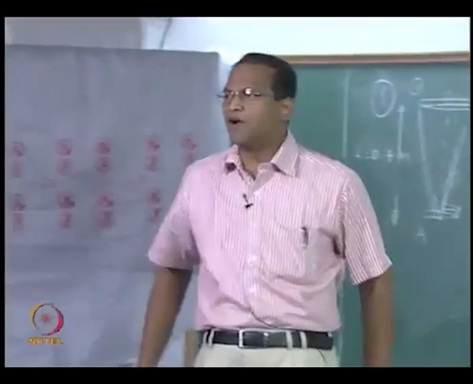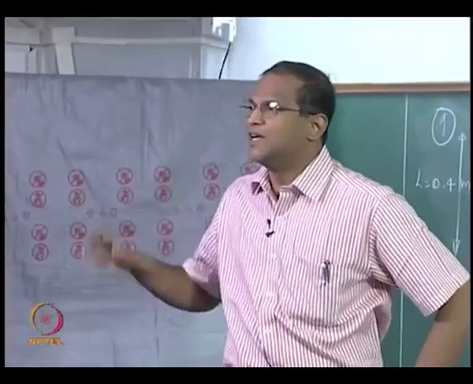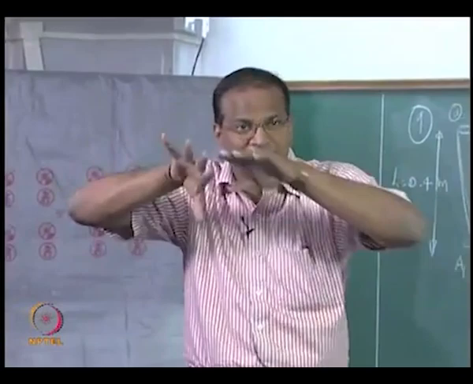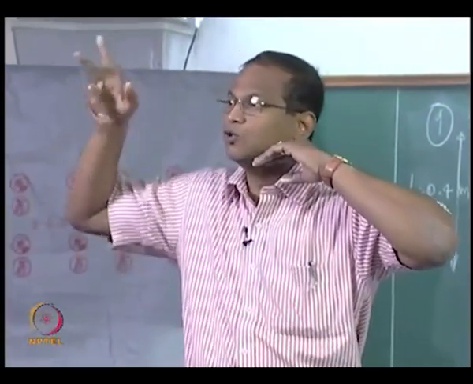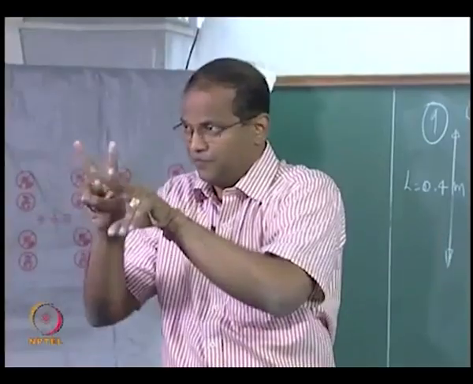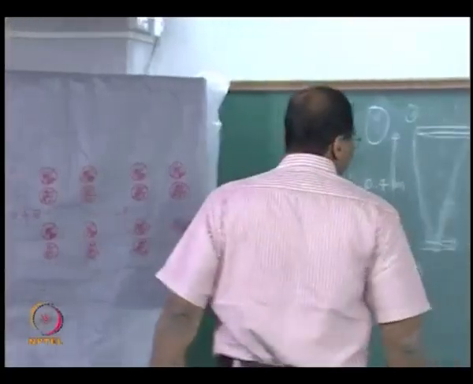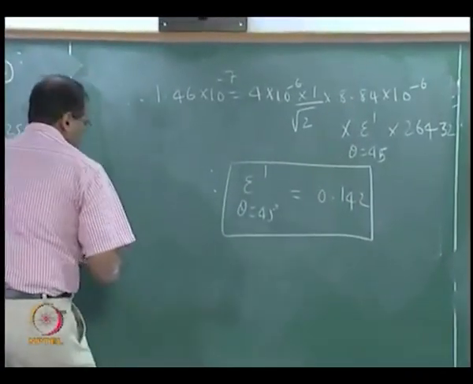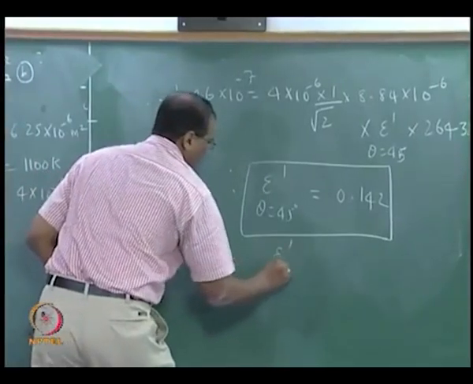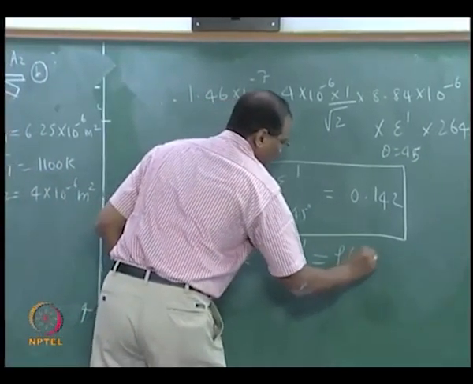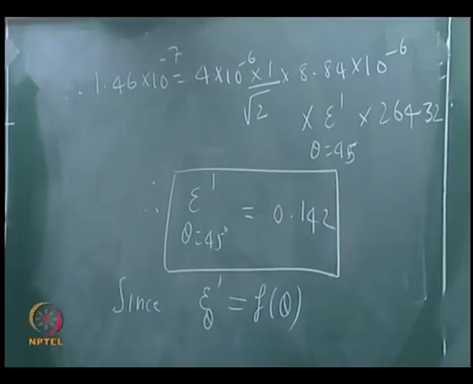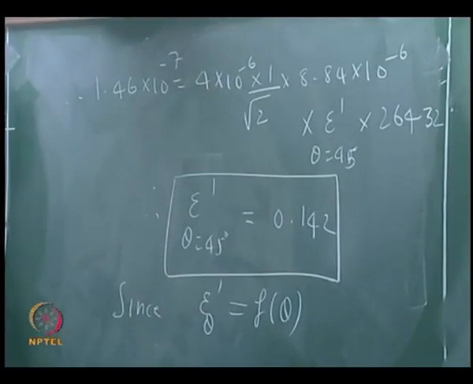Suppose had we got an answer of 0.36, we could have conjectured that there is a possibility that it is a diffuse surface, but now I know for sure that it is not a diffuse surface, because with two angles we cannot decide otherwise, but now the two angles are giving different answers, therefore it is surely not a diffuse surface. Epsilon dash is a function of theta, and at this point in time I am not able to get the f, because if I know how much power is intercepted at 4 or 5 angles, I can use some Lagrange polynomial or cubic polynomial, quadratic polynomial and get a functional form f.